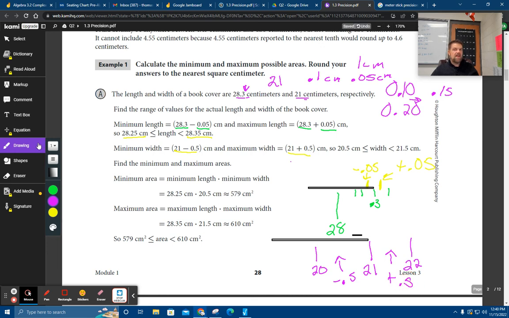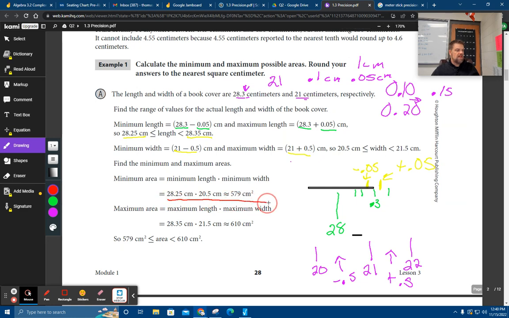So you're going to go plus or minus 5 in the next decimal place, basically, is the best way to word that. Okay? Any questions on that?